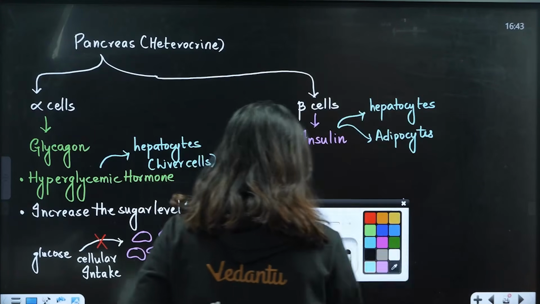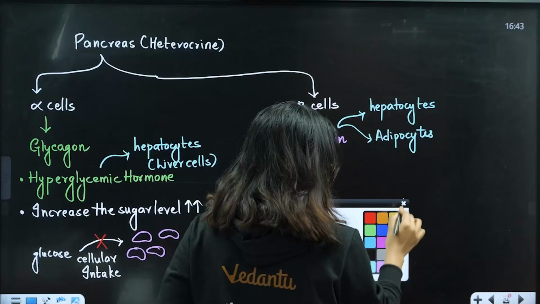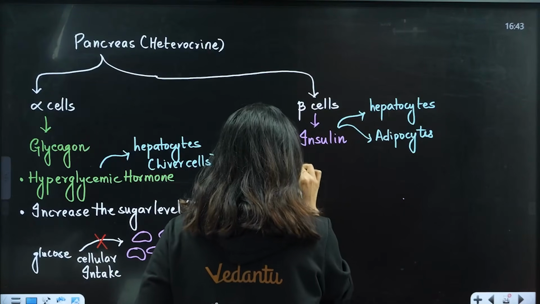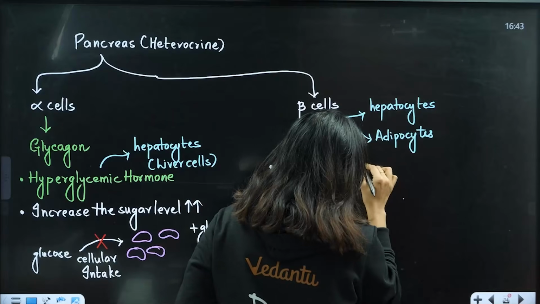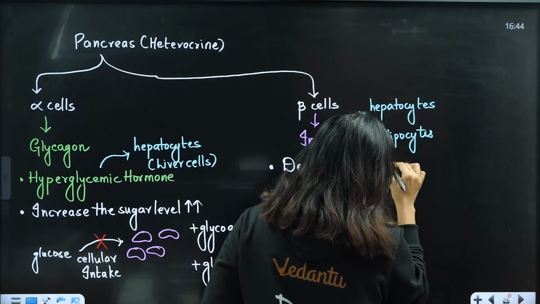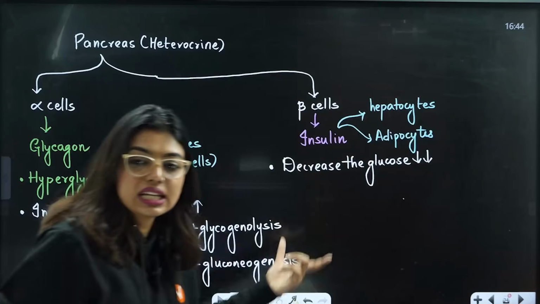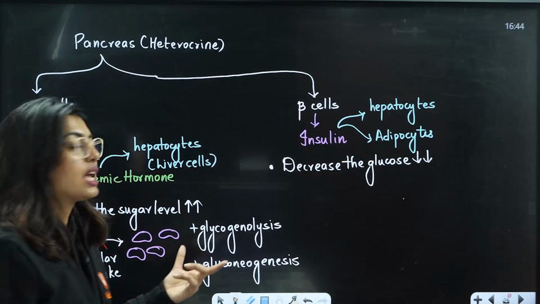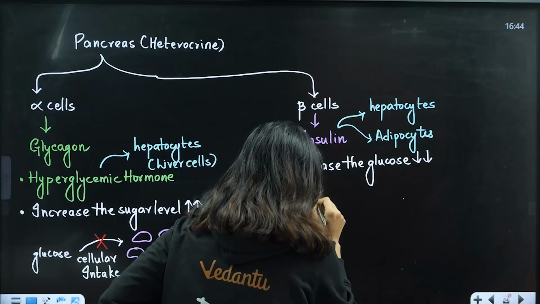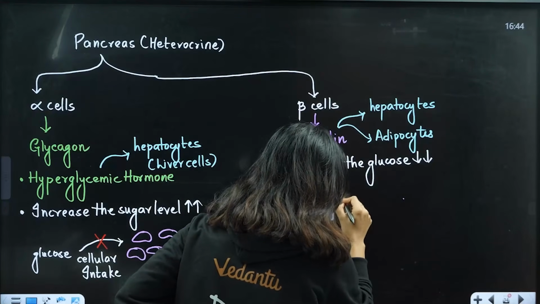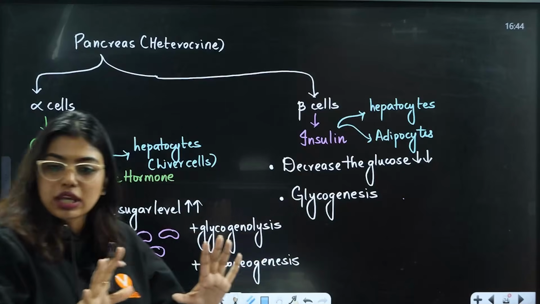Now look here. Try and understand. This insulin is the one, students, who is going to decrease the glucose level. That means what? They will lead to glycogenesis. That means they will allow the formation of glycogen from glucose, or tell that you keep stored.